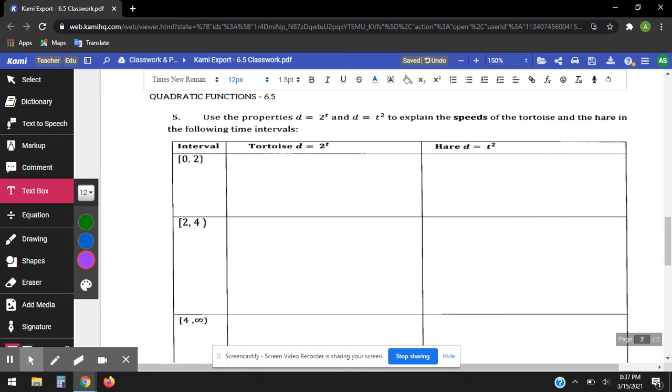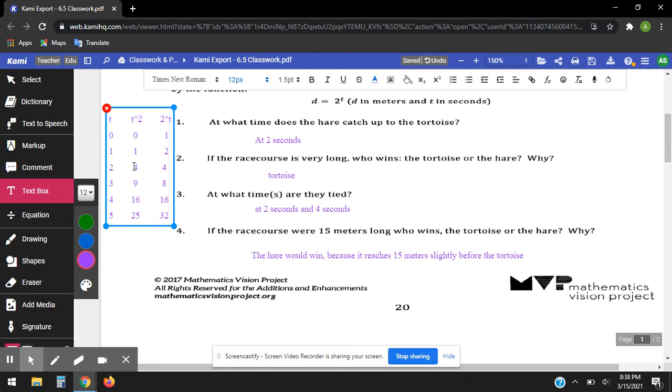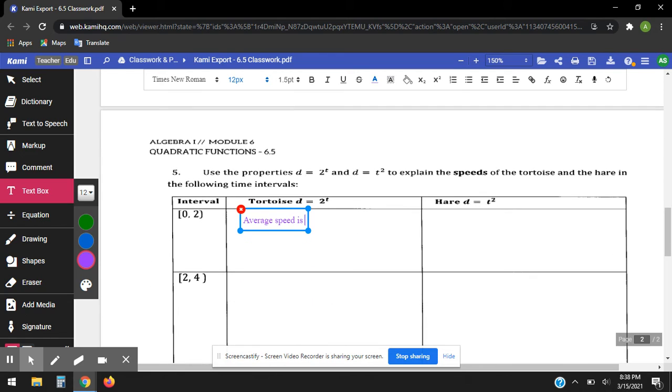Well, if we look at the average speed for this one, from 0 to 2, it's going 4 minus 1, so the average speed is 4 minus 1 over a span of 2 seconds, which means it's going about 1.5 meters per second.